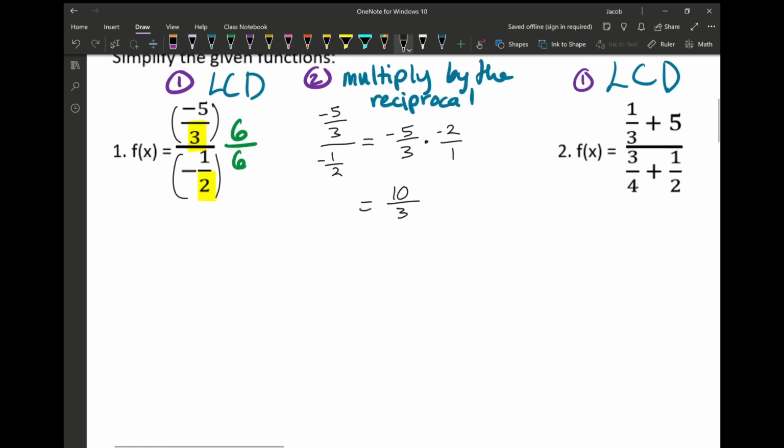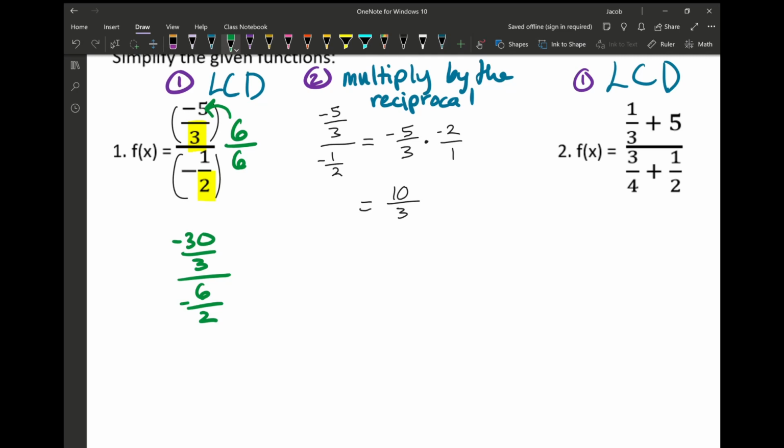And then with the least common denominator, we are going to distribute 6 to the numerator of the fraction in that numerator. So I've got -30 divided by 3, and then 6 times -1/2.